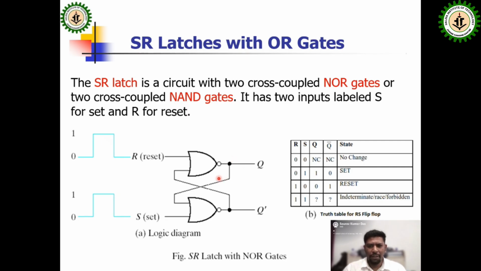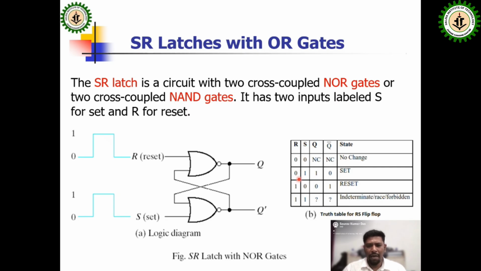Now you can see this is also called the active high SR latch. So why? You can see this is the truth table of the SR latch. When both inputs S and R are 0, there is no change, so that is the no change state.